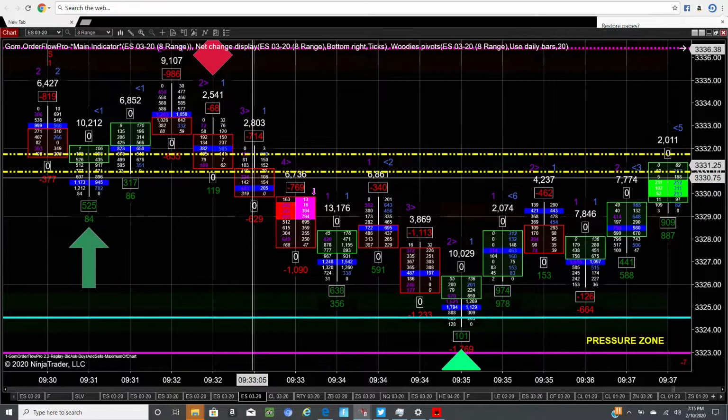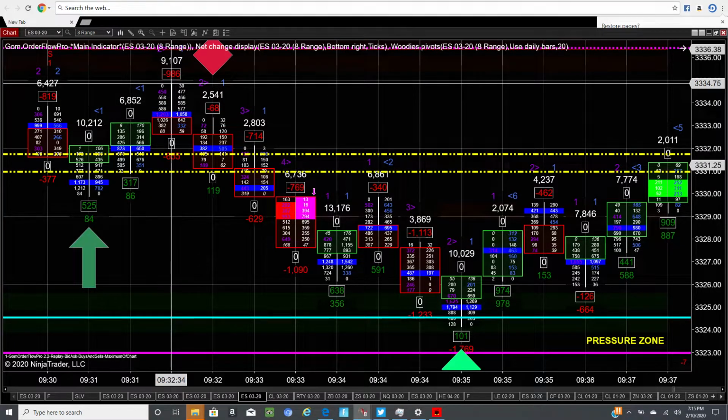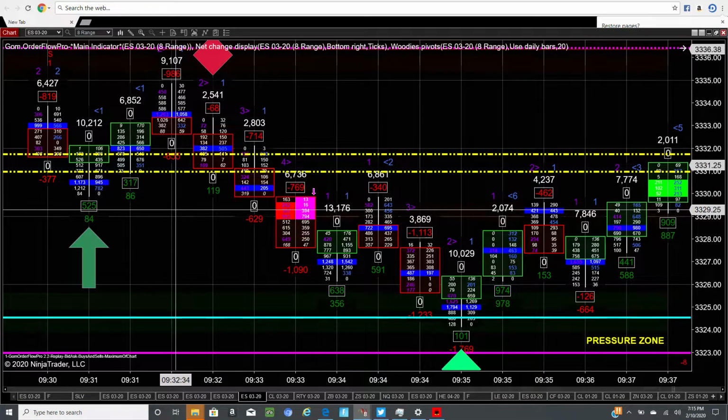The second thing is that because this is based on price, it could take 1 minute to form one of these candles, 30 seconds, or 8 minutes. So it gives you an idea of the activity level in the market.